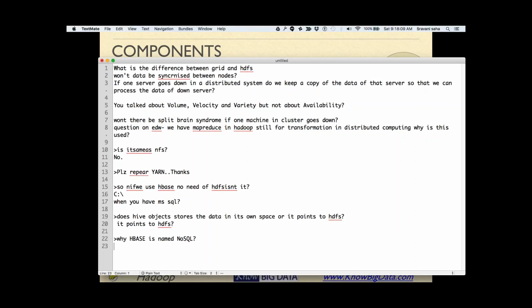All right, so there's a question from Prashant. The question is, why is HBase called NoSQL? Okay, in very simple words, HBase is not able to provide you the structured storage. It's not able to provide you relational properties.